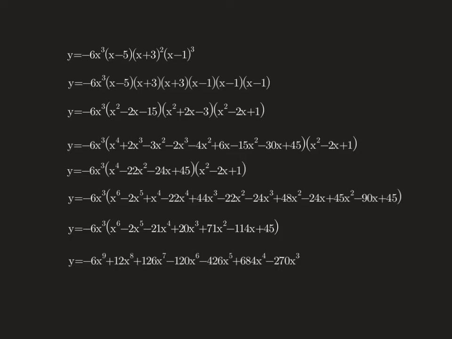However, I want you to recognize that every single one of these steps is the exact same function in a different form. This is your standard form, this is your factored form, and these are all somewhere in between. They are factored in some way, but this is your totally factored form up here.